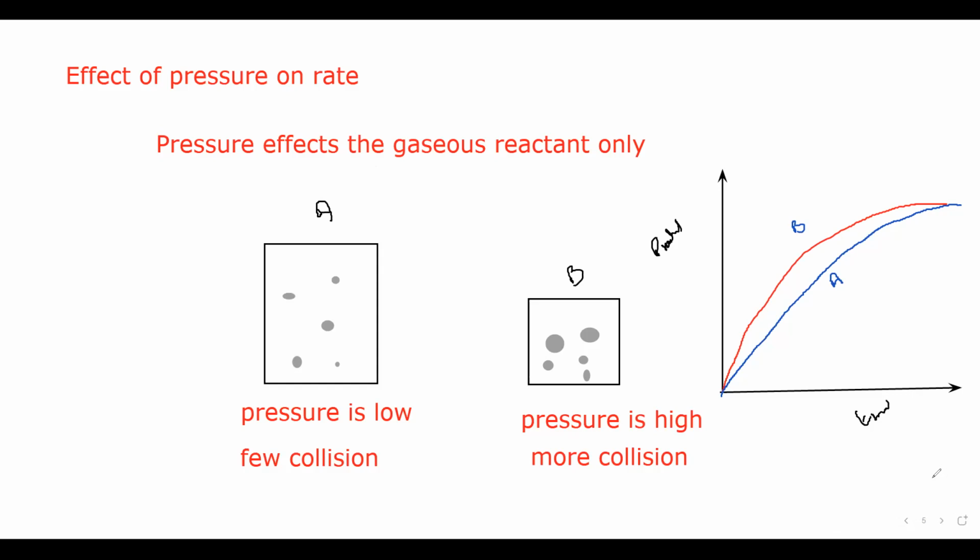Then the last factor which affects the rate is known as a catalyst. A catalyst can also alter the rate of the reaction or speed of the reaction.